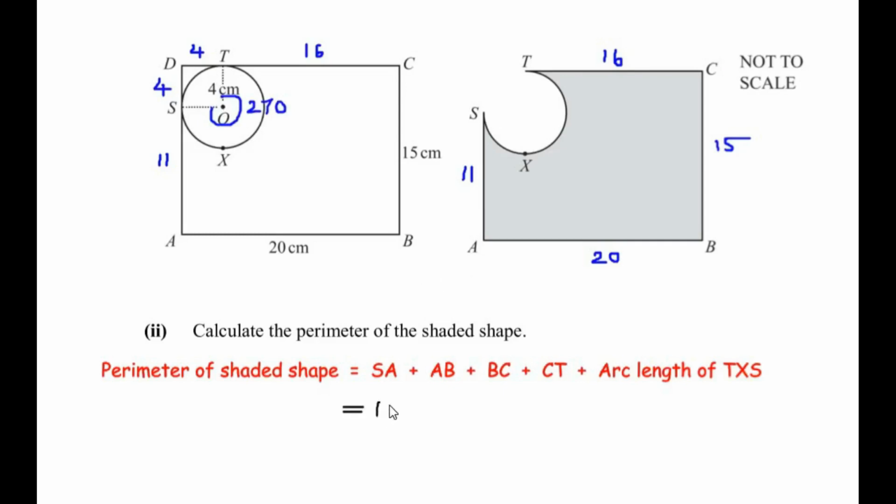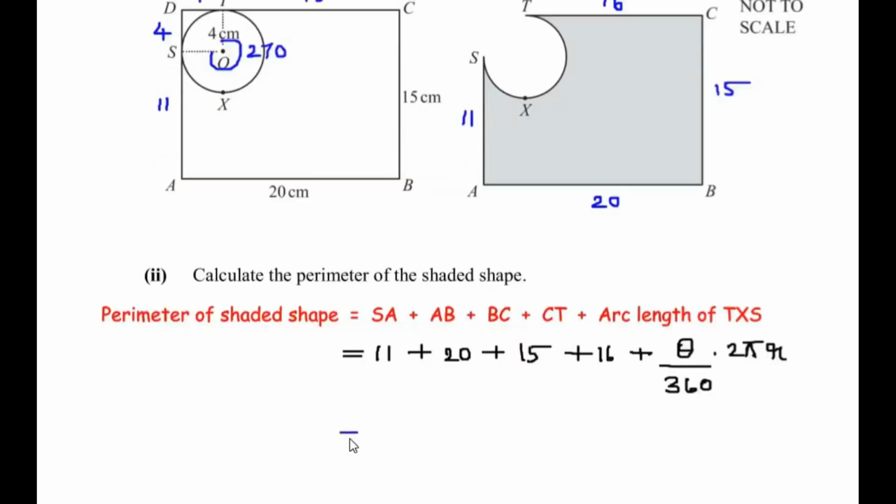SA we got as 11 plus AB was given as 20 plus BC is 15 centimeter plus CT we got as 16 plus arc length formula is theta over 360 times 2 pi r, where r is the radius of the circle and theta is the central angle. So let us add all the numbers. We get the value as 62 plus theta is the central angle of the major sector, so 270 over 360 times 2 pi times the radius of the sector, which is 4.